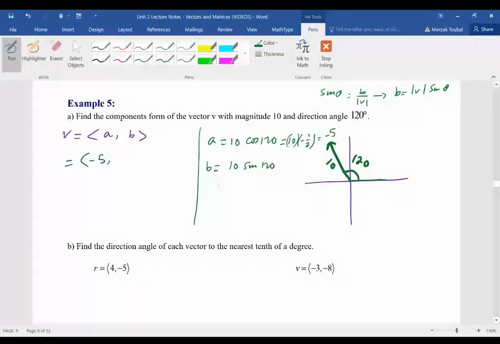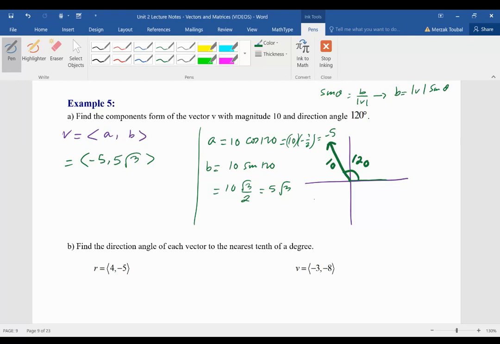And then b, 10 times sine 120, which is the same as sine 60, which is √3/2, which is 5√3. So this will be 5√3. And with this, we have answered the question. The components of vector v are -5, 5√3.